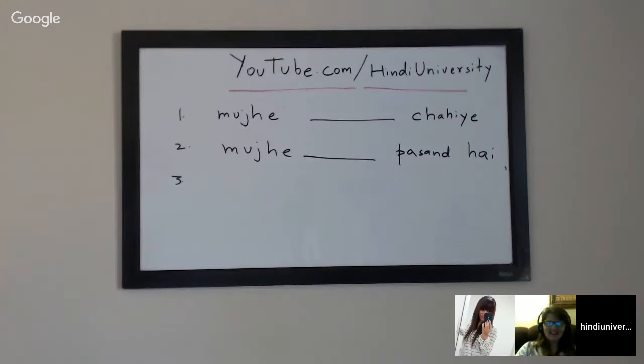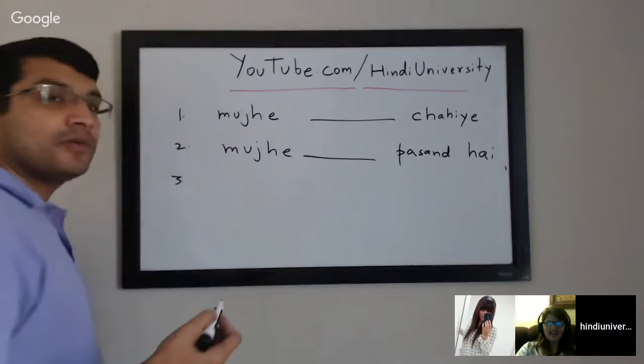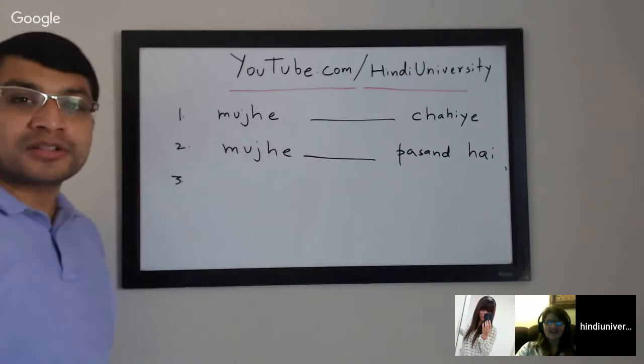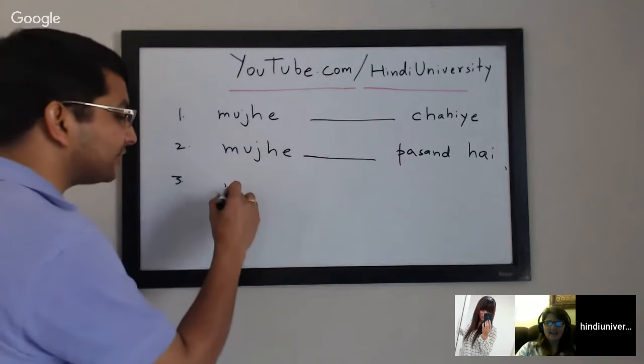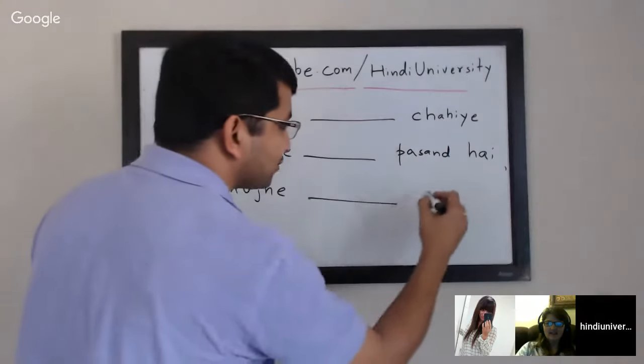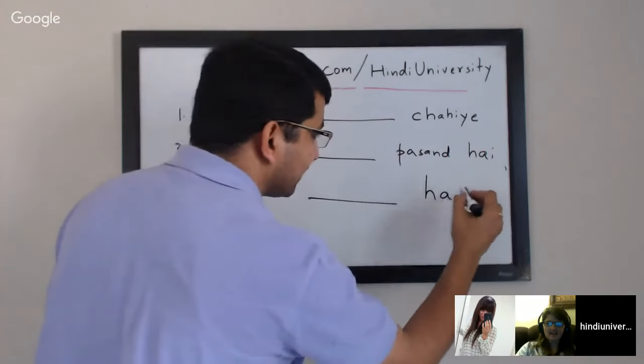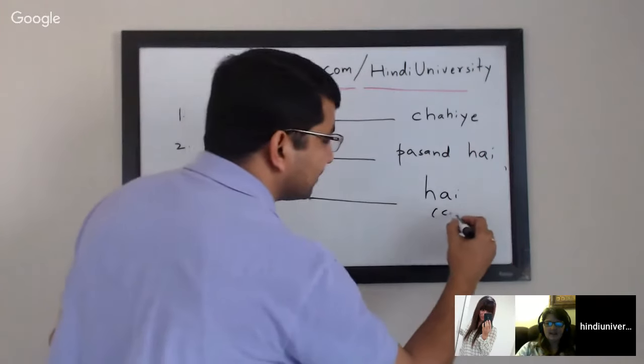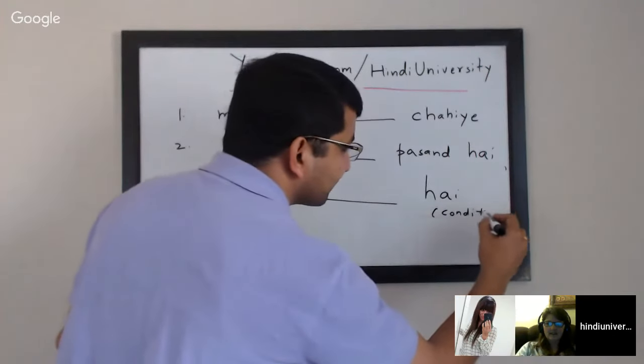Yeah. So the third one is basically when you have some bodily condition, right? You have a pain or stomach ache or something like that. Then you say मुझे, dash, and then you say है. And in this case, you speak about some condition.